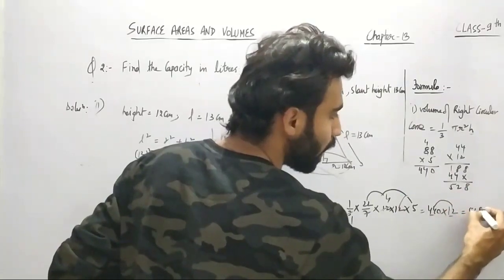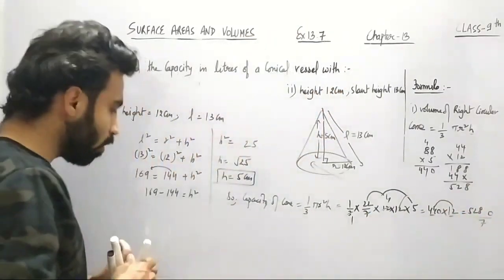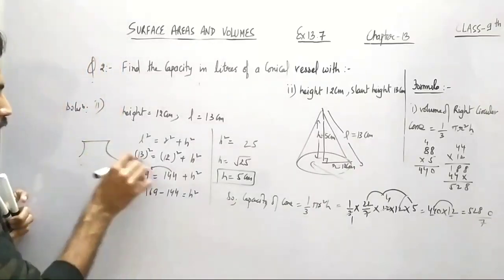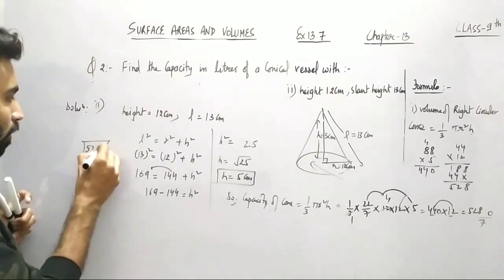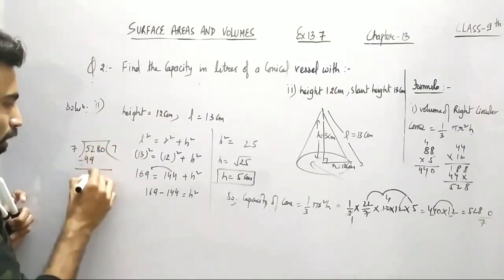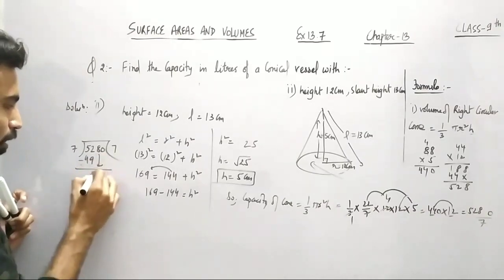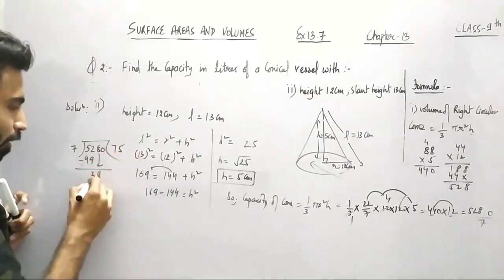So 5280 divided by 7, you can see a 7 here, right? Now if I just convert this into decimal, 5, 8, you can see 5280, right? 7 7s are 49, so there will be 3 remaining, so 8 down, so then you can see 7 6s are 42, 7 5s are 35, right?